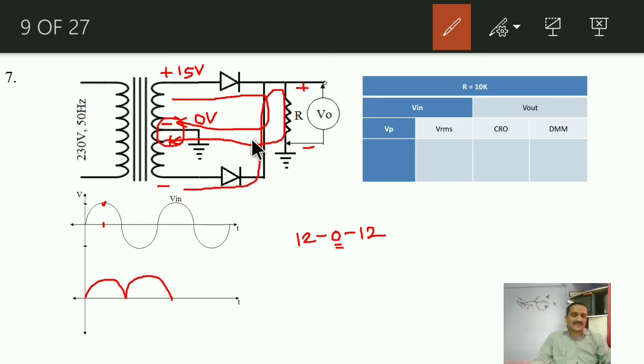Because the direction of current flowing through R is in the same direction even if the input is positive or negative, right? And we are calling it a full-wave rectifier because during both half cycles we are getting the output. In the previous case only during one half cycle we had the output, and in the remaining opposite half cycle the output remained 0, right?